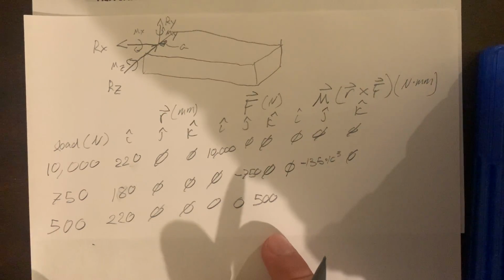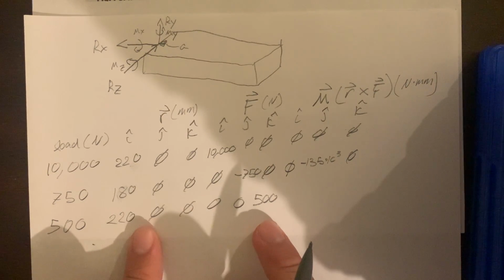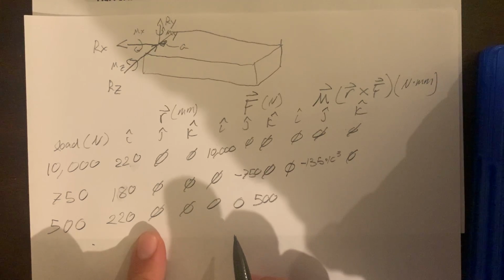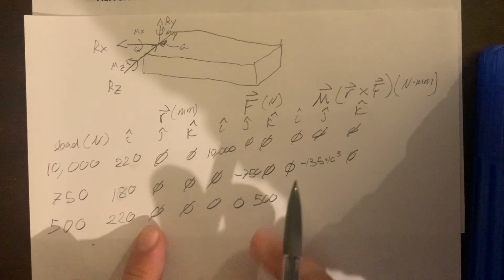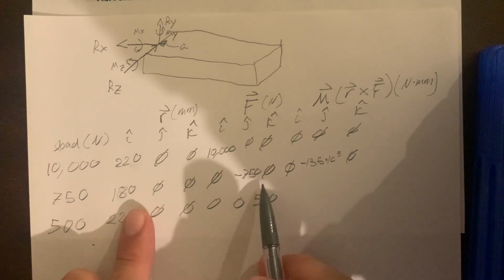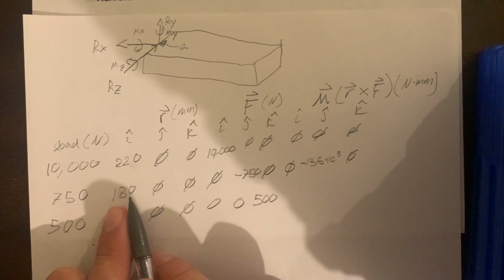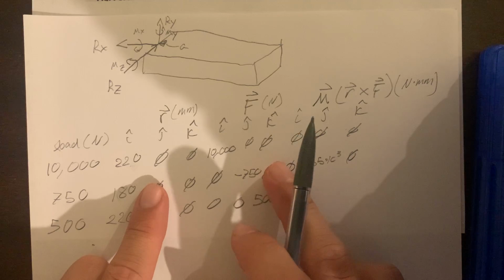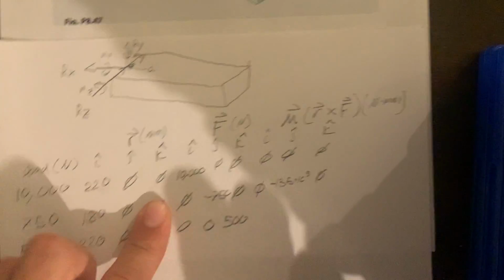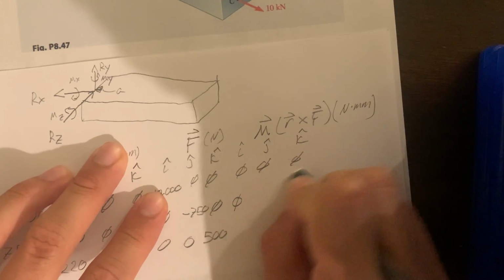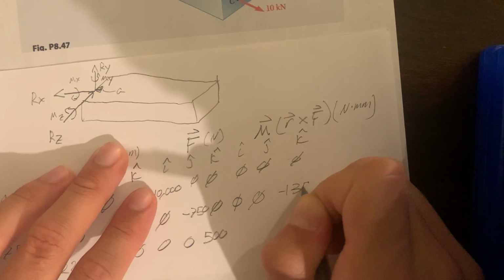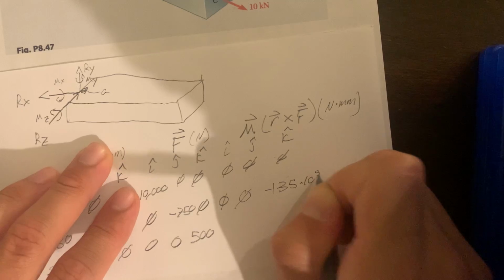And then finally, we can do this one over here, the 220 force. And that is going to be, I'm sorry, did I do something wrong here? The 180 is over here. Oh, my bad. This is in the K direction. 0, and then this is negative 135 times 10 to the third.